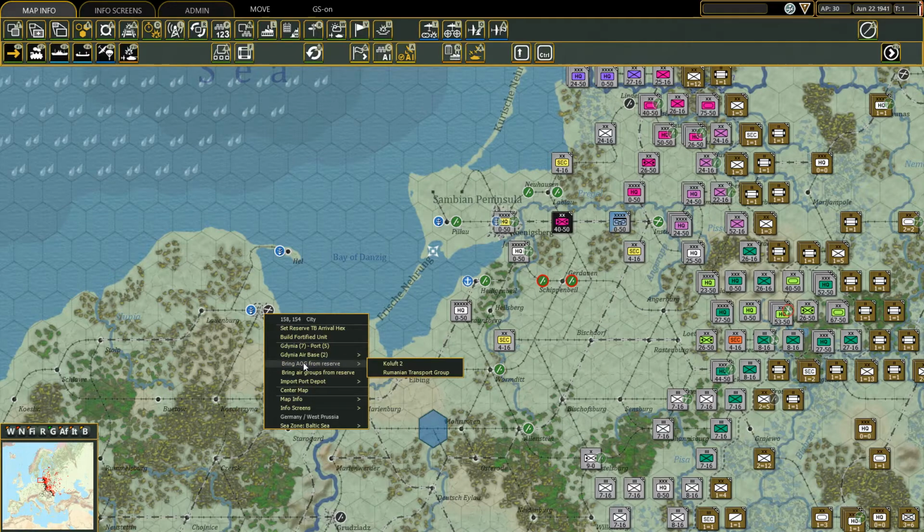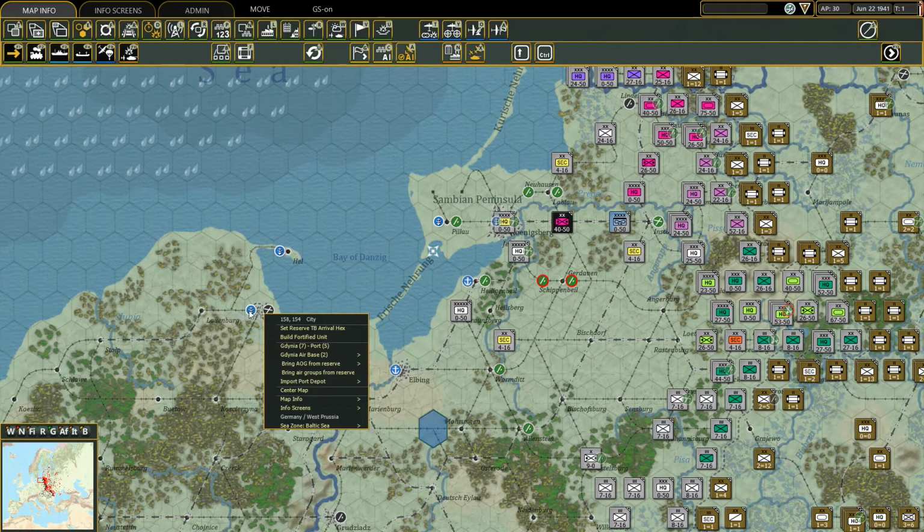And you can also bring the AOG, the air operational groups, from the reserves. You can bring the whole air groups. I will talk about these in the air tutorial video.